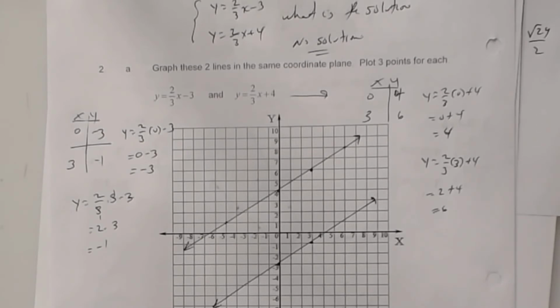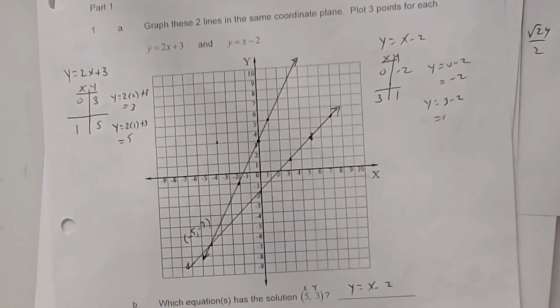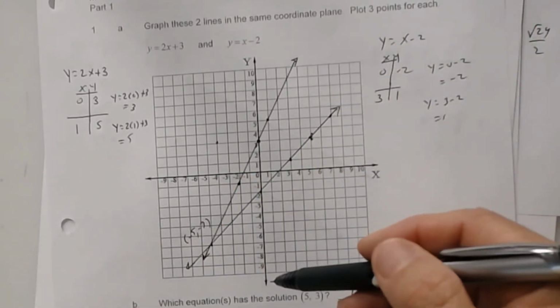All right, now, one way to solve a system of equations is to graph. But you notice the procedure here is very tedious. You have to be very careful and very precise with how you graph these.